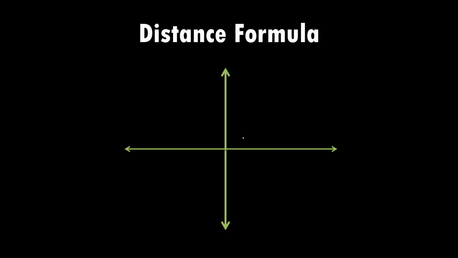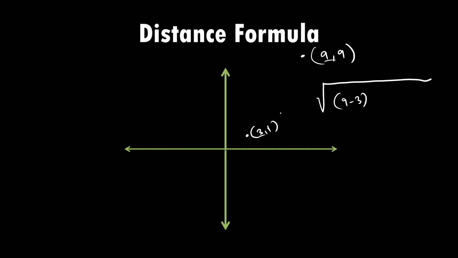Now we are going to do another example. We are given two points: the first one is (3, 1) and the second one is (9, 9). Now we can directly use our distance formula. x2 minus x1 is 9 minus 3, squared, plus y2 minus y1, 9 minus 1, squared.